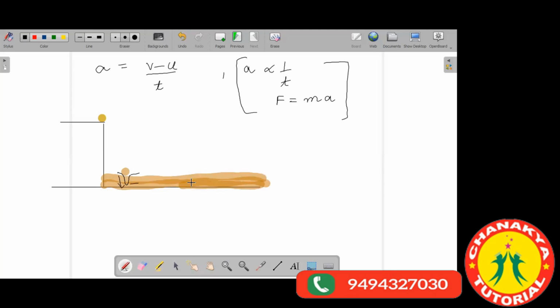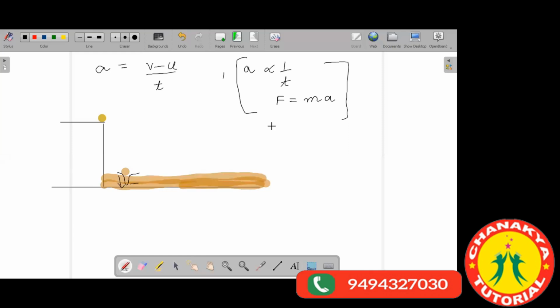Okay. And when the surface is hard, the person jumps on the ground, but he stops instantaneously. The time taken for bringing about the change in velocity is very small.